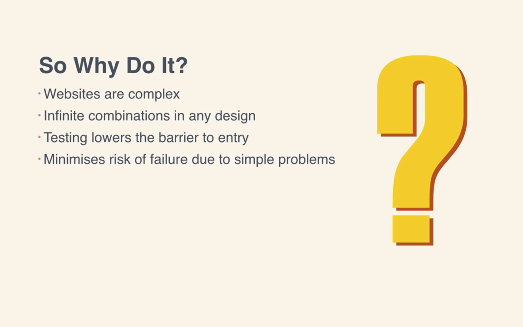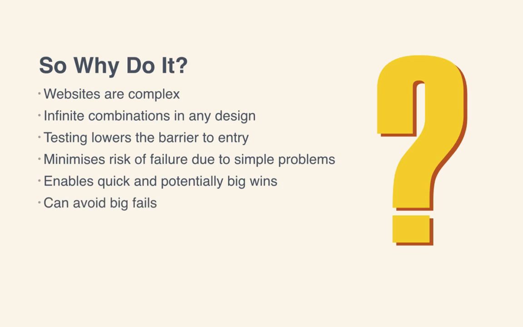So you may serve some people just the navigation button, and you may serve some people the navigation on the page in a traditional way. So what you can do is basically provide data for quick and potentially big wins over what could be a big failure if people can't navigate your site because they can't find the navigation button, for example.